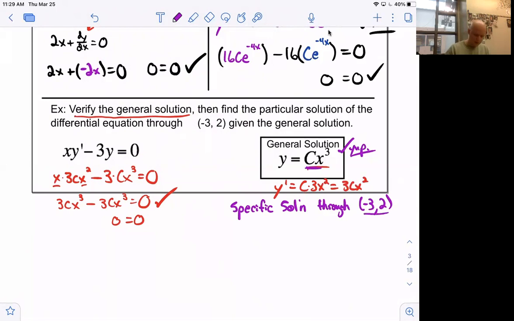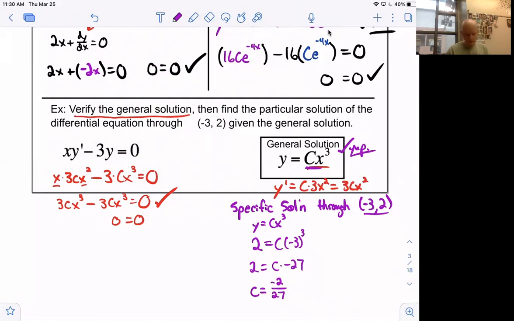So we're going to take our 2, which is our y coordinate, and plug it in for the y in the general solution. And we're going to take our 3, which is the x coordinate, plug it in for the x. So we get that 2 equals c times -27. So c is equal to -2 divided by 27.